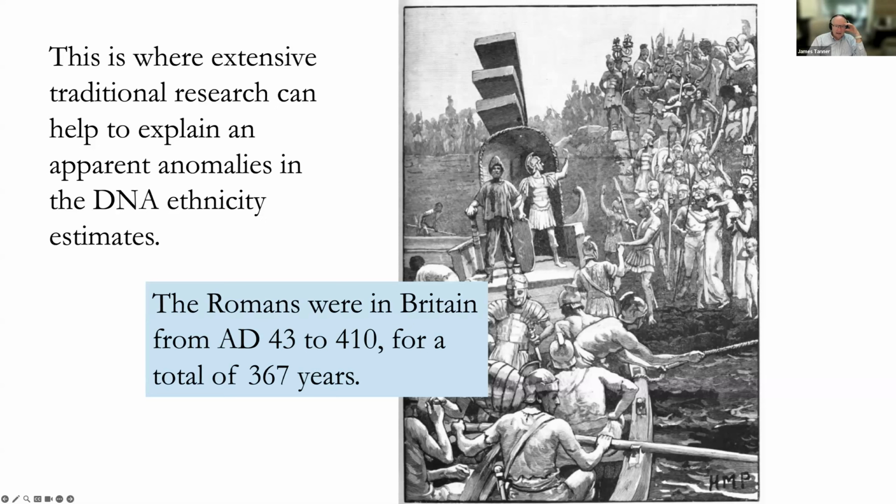So the fact that some DNA from the Romans, who were from Italy, that part of the Roman Empire, happened to make it into England is not really a surprise. Having a possible ethnicity match with the Romans is entirely possible.